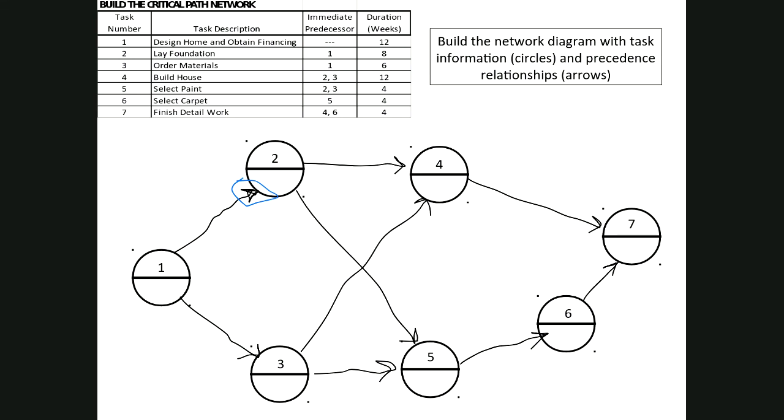And if you go back and count, there's 1, 2, 3, 4, 5, 6, 7, 8, 9 arrows, 9 precedence relationships, just as we expected. Okay, so that completes our tasks, that completes our precedence relationships, and now we're going to begin to do our work of determining how long it takes to complete the project. And we'll start that on the next slide.